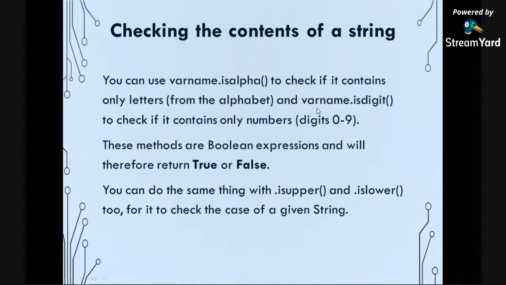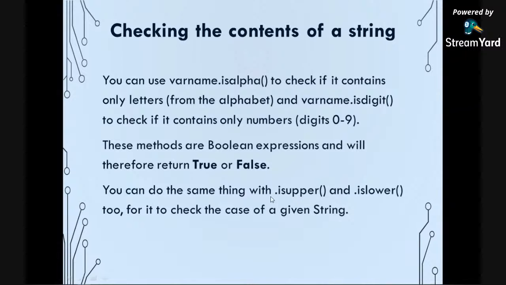Okay. And variable name dot is digit will check to see if it contains only numbers, so digits 0 to 9. Is digit, if it contains anything that's not a digit, it will return false. If it contains only digits and nothing else, then it will return true.